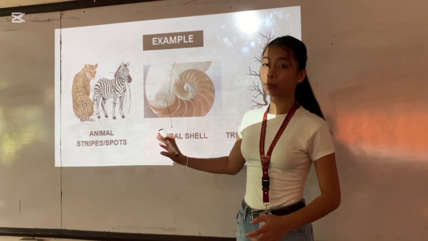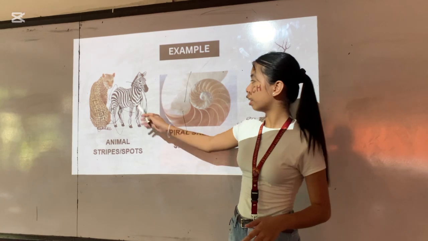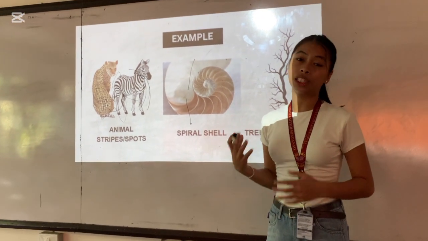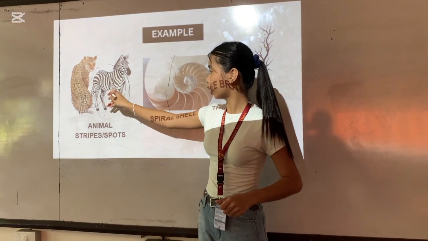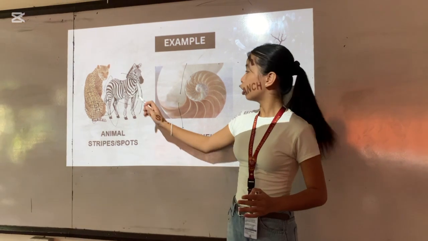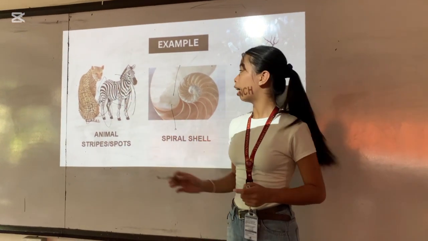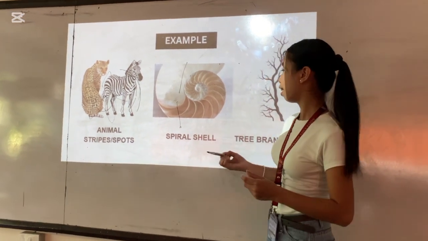Animal stripes or spots have a symmetry that can be divided in the center. For some animals, specifically a zebra, you can draw a line on its center, and each side of its body shows a similar pattern or design. This is classified as reflectional symmetry.